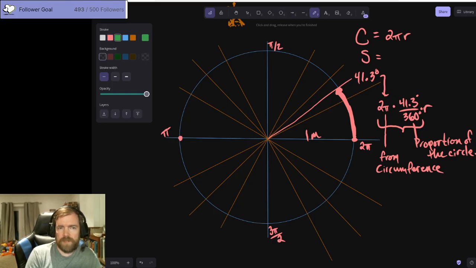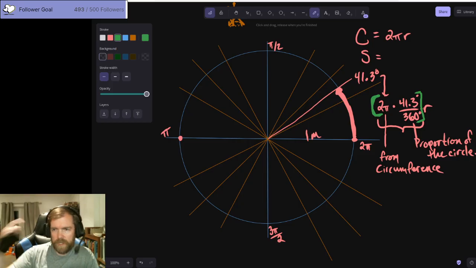And as you said, if we look at these two things taken together, it's going to be the proportion of that 2 pi that we end up, again, going around the circle.